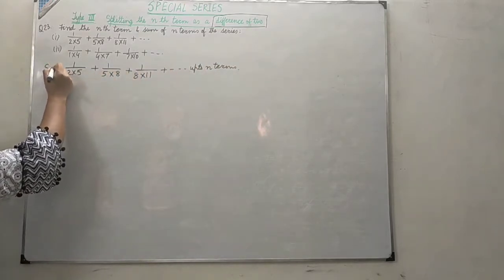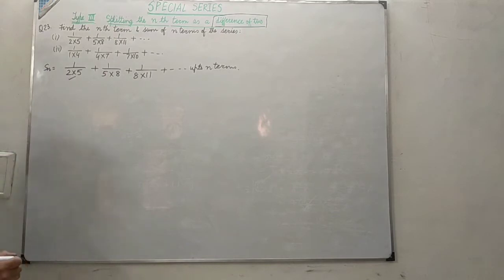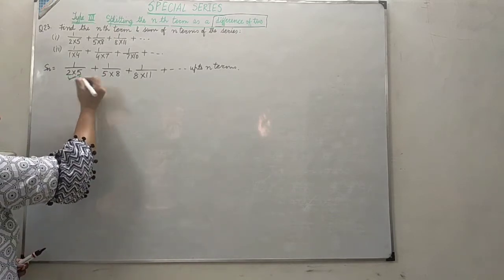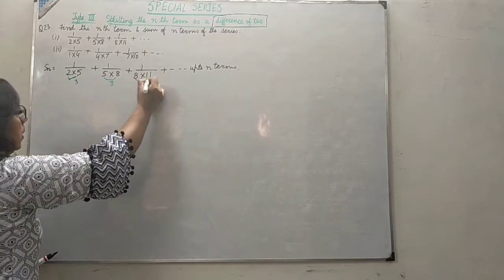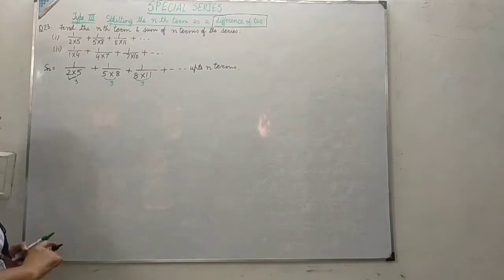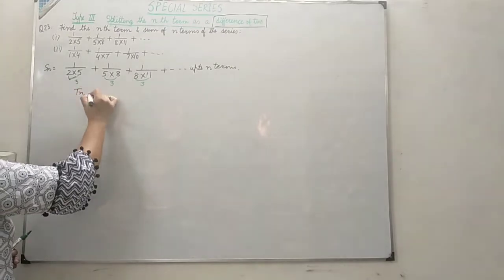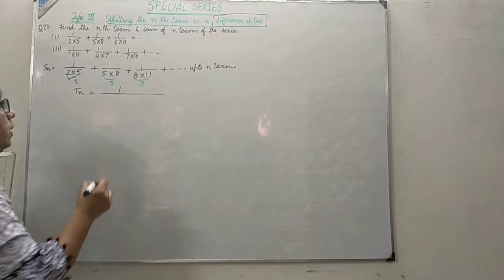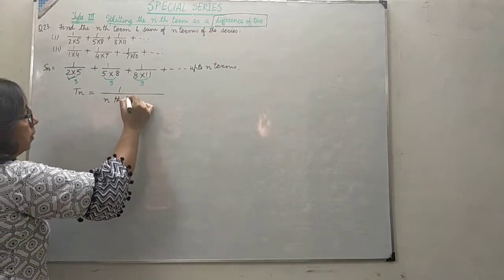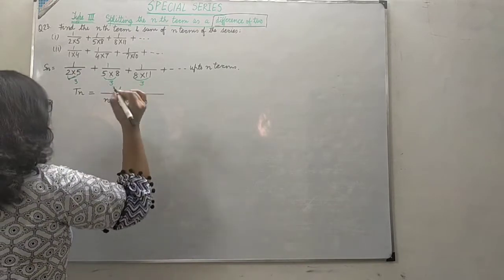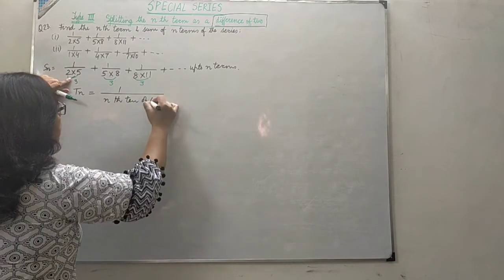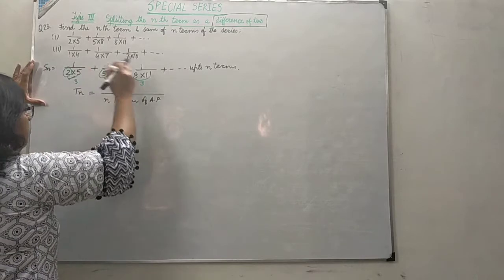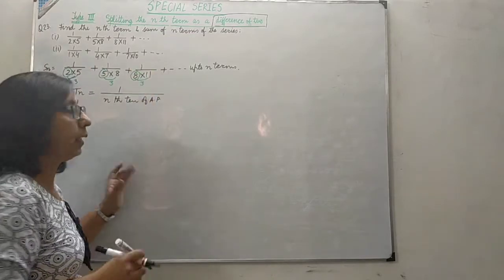Now in this series, again you check that the terms are like 1 upon 2 into 5. There is a difference of 3, and here also 3, here also 3, and so on. So if I want to write Tn, I will write 1 upon, and this is 2, 5, 8, etc. So I can take the help of the nth term of an AP, because these 2, 5, 8 are all forming an AP.